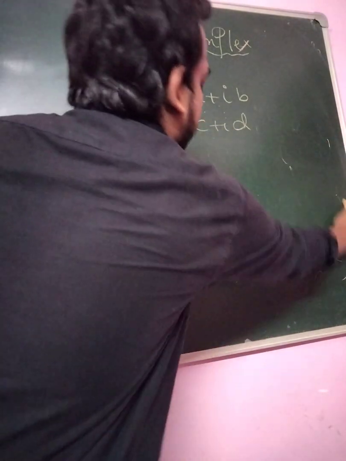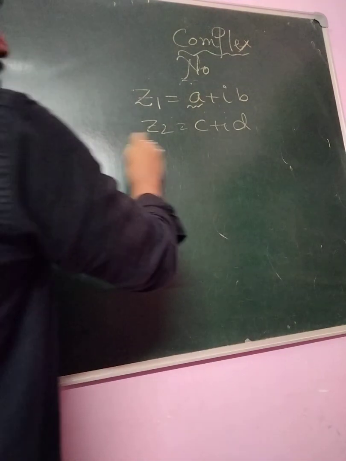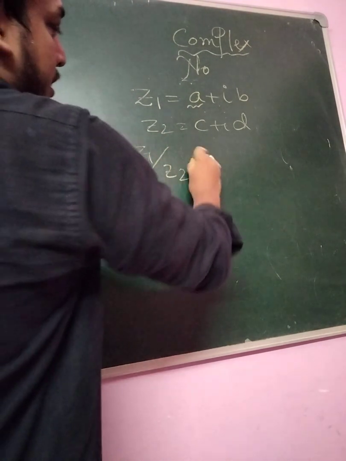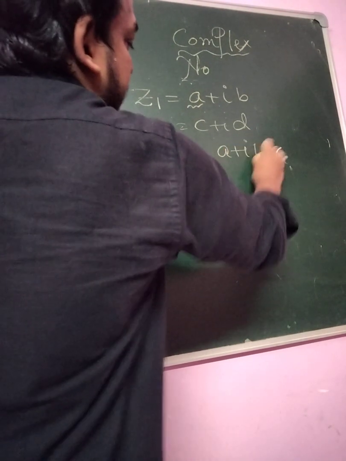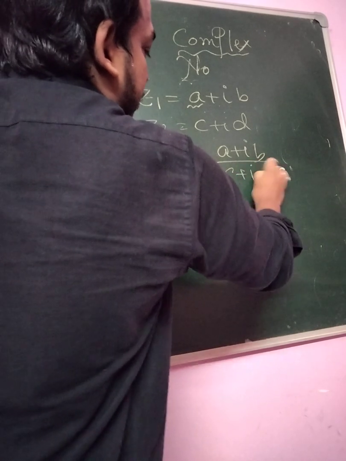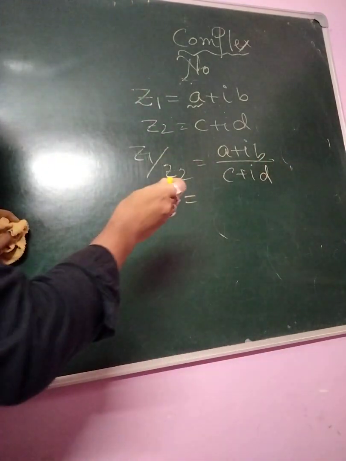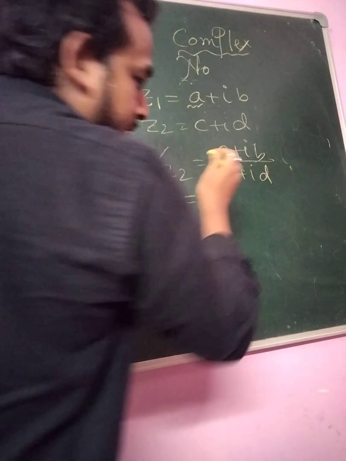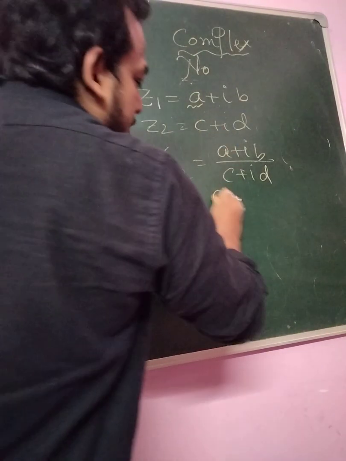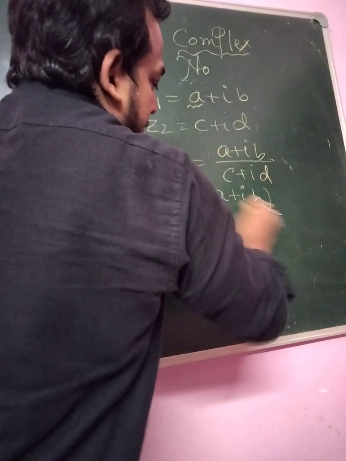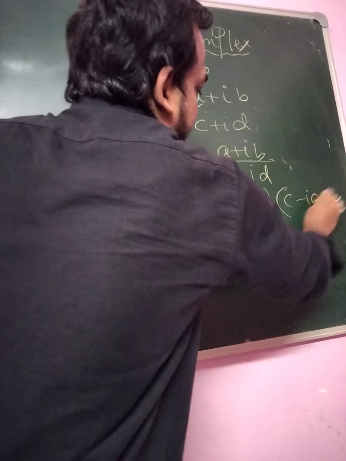Now how can we divide these two complex numbers? For division, A plus iota times B by C plus iota times D. Just rationalize the numerator and denominator. That means you have to multiply the numerator and denominator by the conjugate of the denominator.